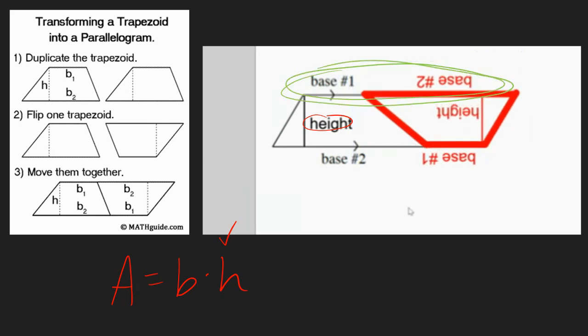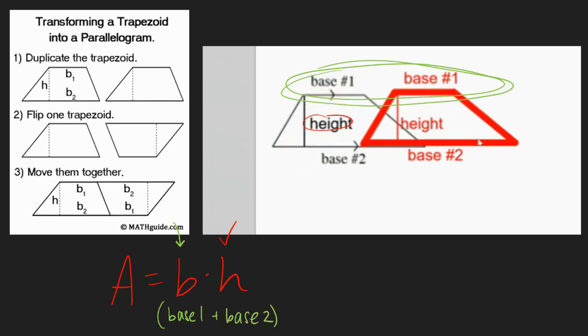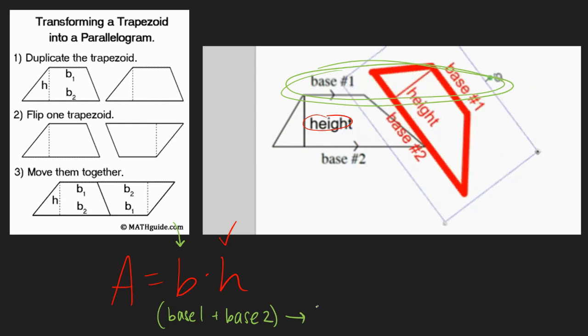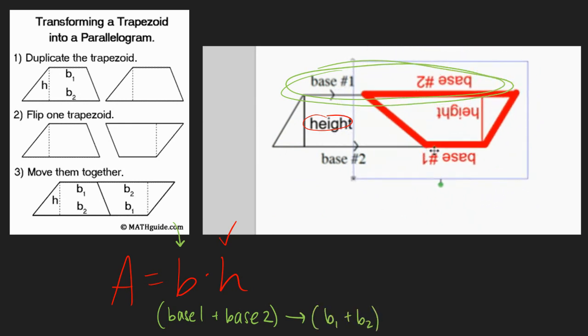You have to add together base 1 and base 2. So that's the one little hiccup with this, is that for the base, you do have to do the base 1 plus the base 2. Sometimes you'll see it written as B1 plus B2. It's just shorthand, so you don't have to write that every time.